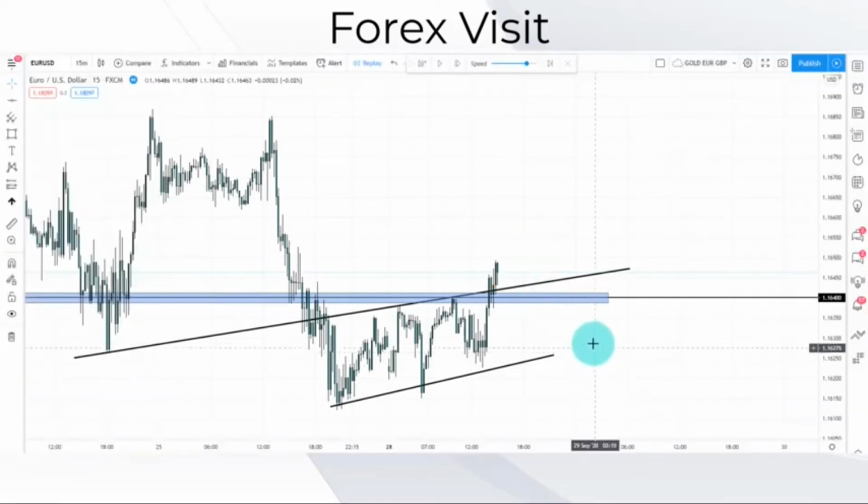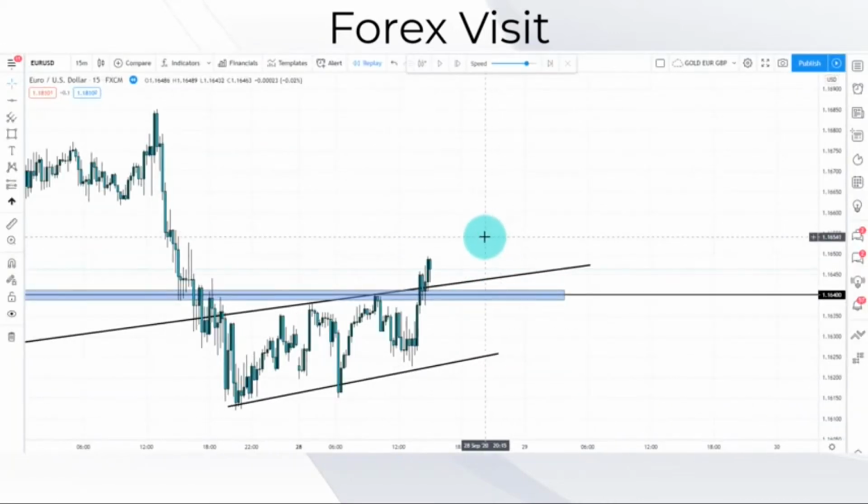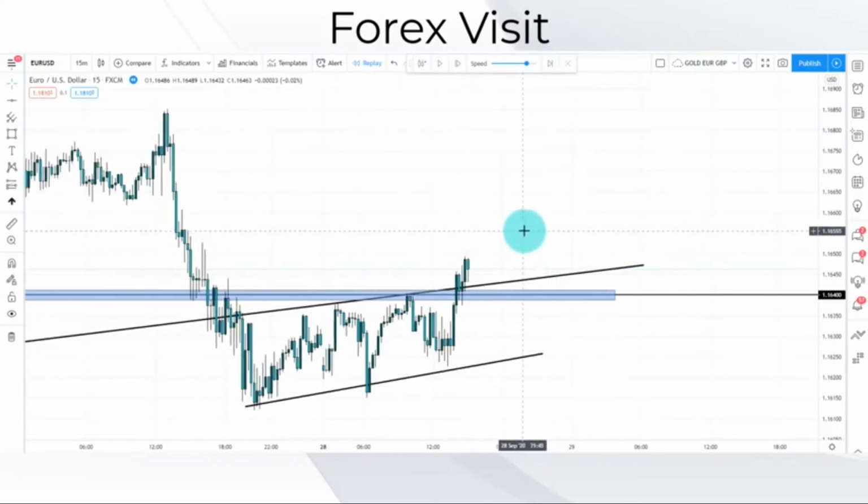As you see that candle break trend line as well as zone area. So now this zone area acts as a support.